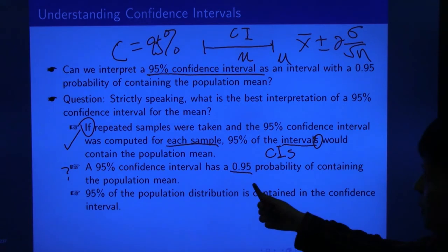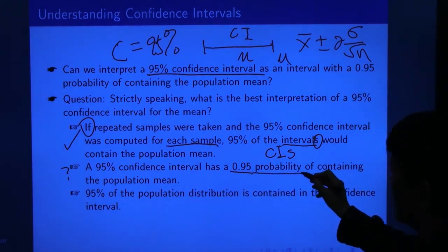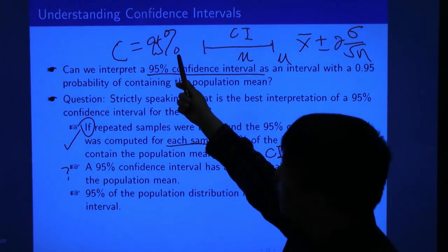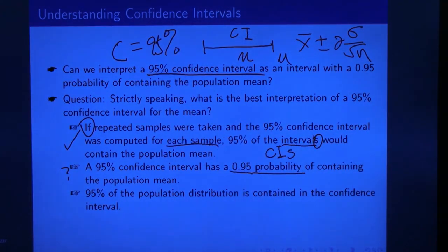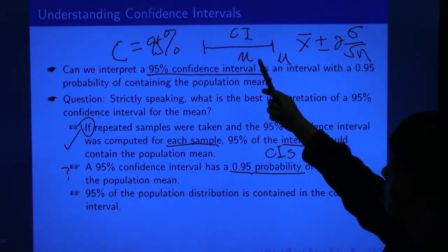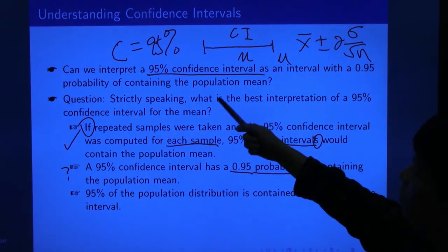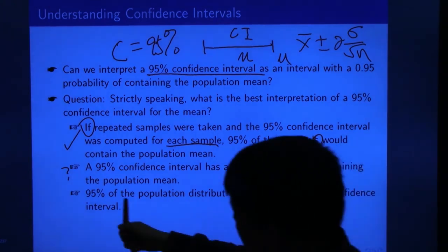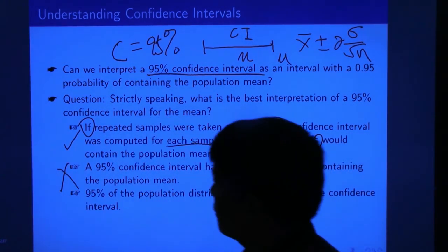This is not the right way to interpret this 95% confidence. It is only a yes or no question. So this one is not correct.